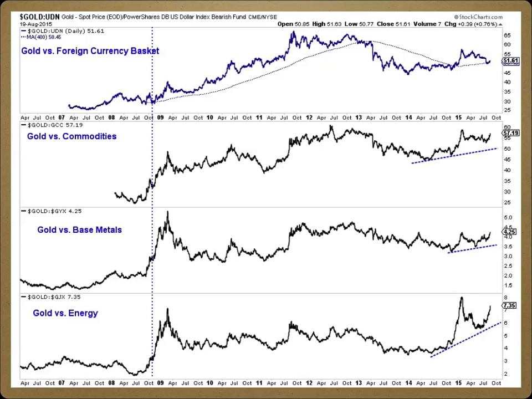Using base metals as a proxy for some industrial costs for miners is something I like to look at, but more importantly, gold against energy. I could look at just gold against oil, but I put in the whole energy thing there. Depending on the miner, energy can be up to 20% or 30% of the cost of mining. So gold's relative strength here against commodities is a really good sign.